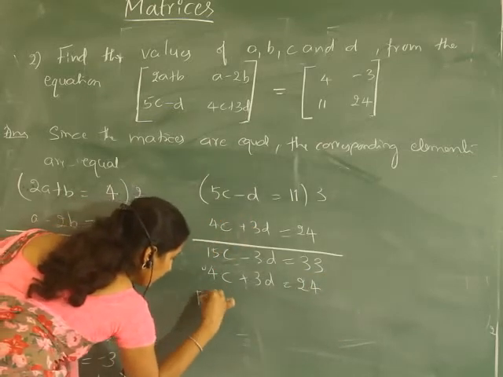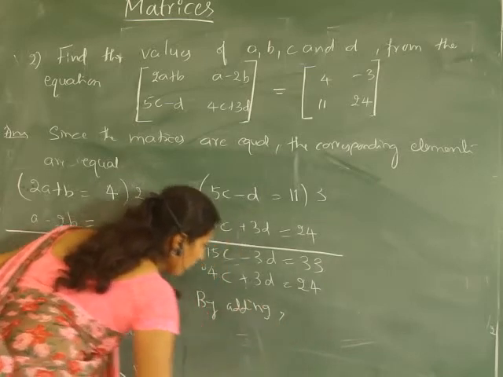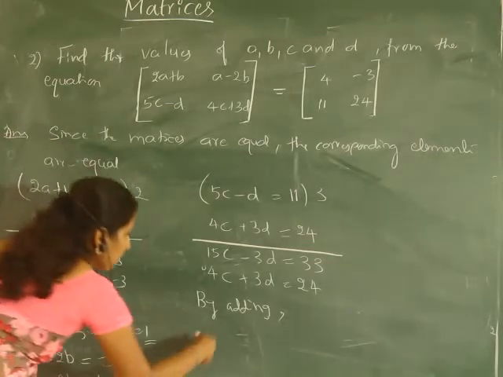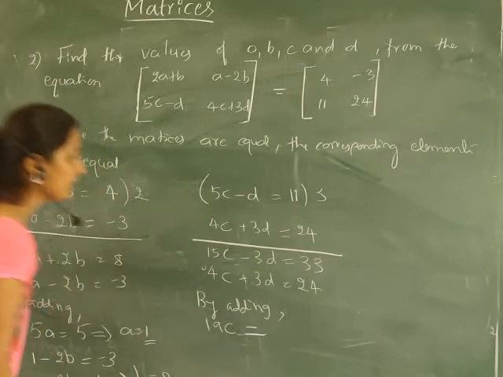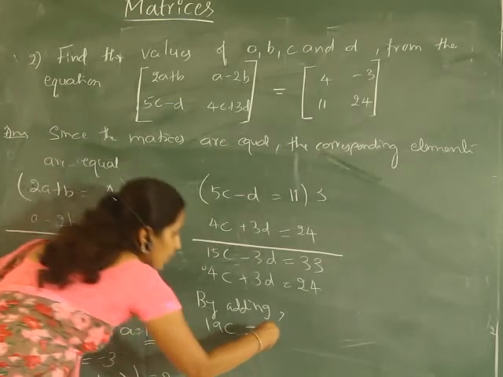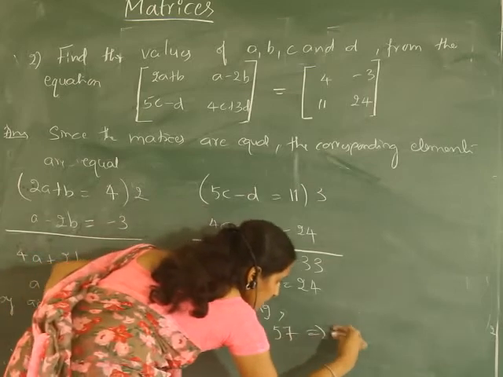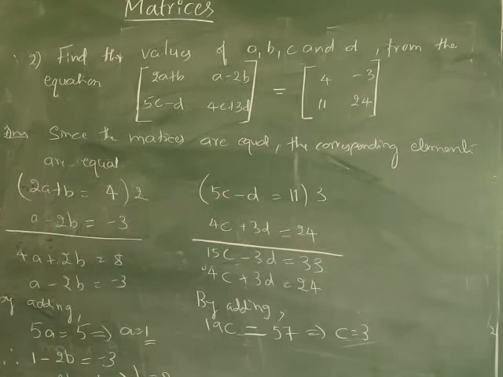By adding, what we get, 15 plus 4 is 19. 19C is equal to 33 plus 24 is 57. So this implies C is equal to 3.